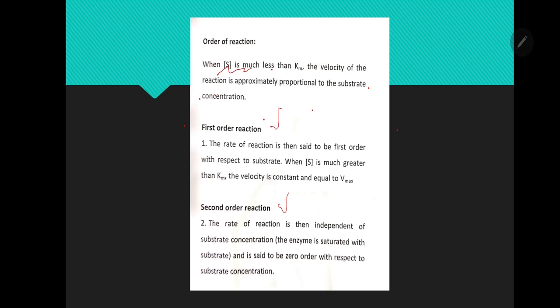The second order reaction is where the rate of reaction is independent of the substrate concentration. There, the enzyme is saturated with substrate, and in that condition it is said to be a zero order reaction with respect to the substrate concentration.